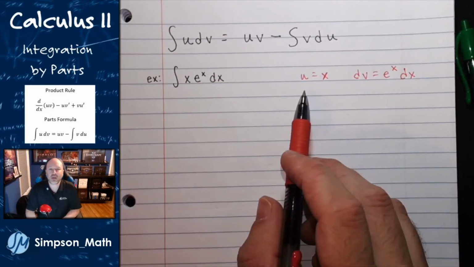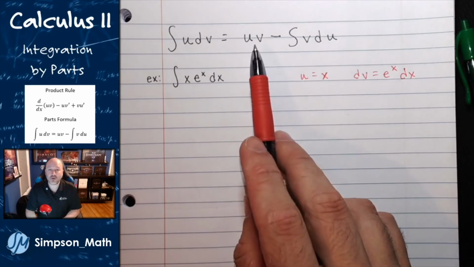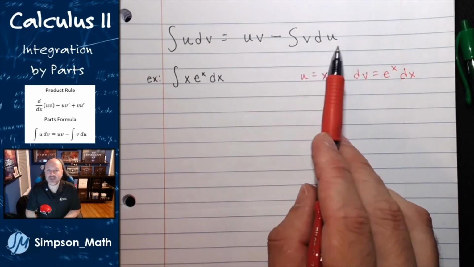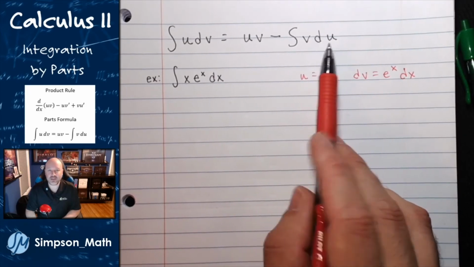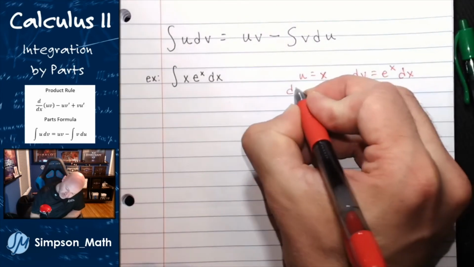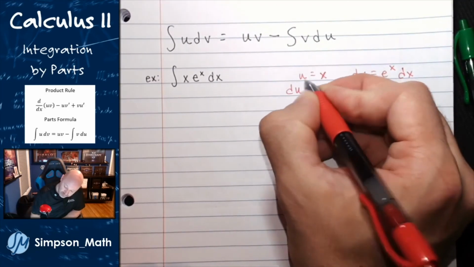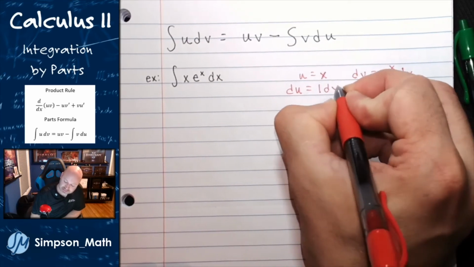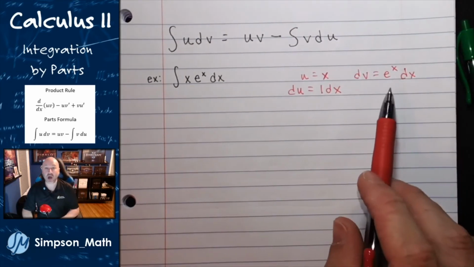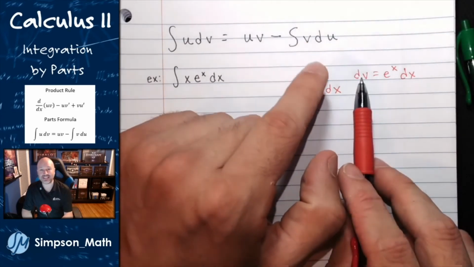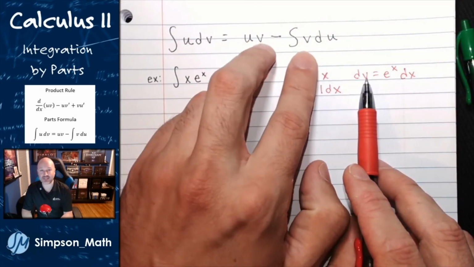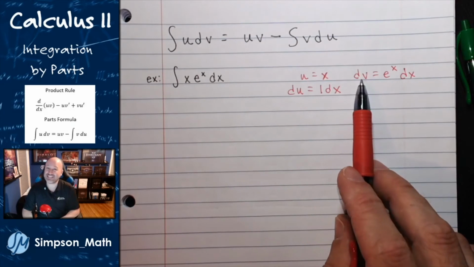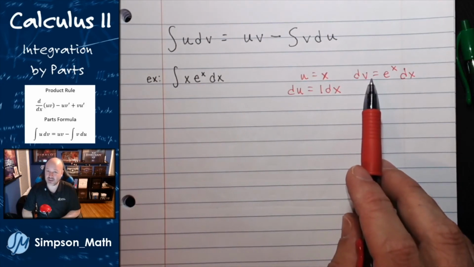All right. Now notice the parts formula needs a du. So I need to go off and find du, but that's easy. The derivative of u is, or I'm sorry, the derivative of x is 1 dx. Also notice that the parts formula needs v. It actually needs it twice. I've got dv, the derivative of v.